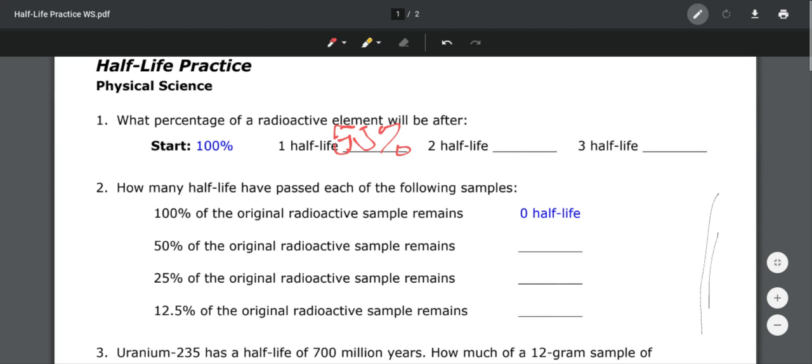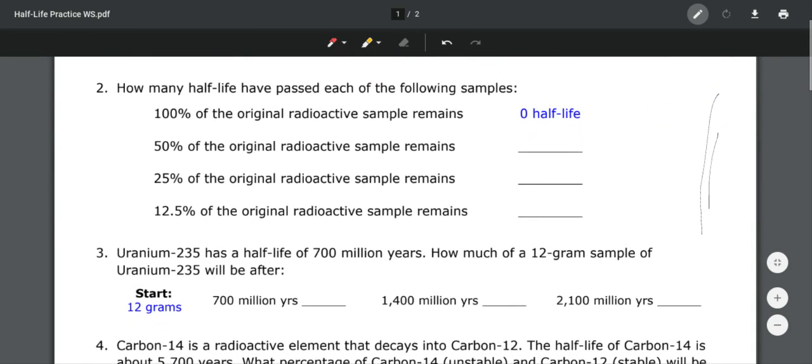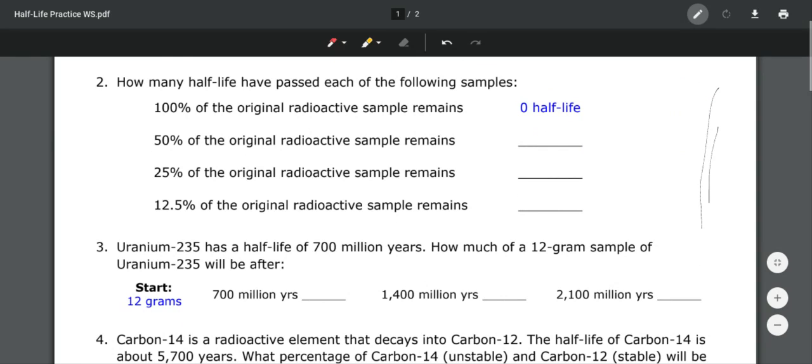Then after two half-lives, I take half of what's left, down to 25%. And then a third half-life would be half of that, 12.5%.